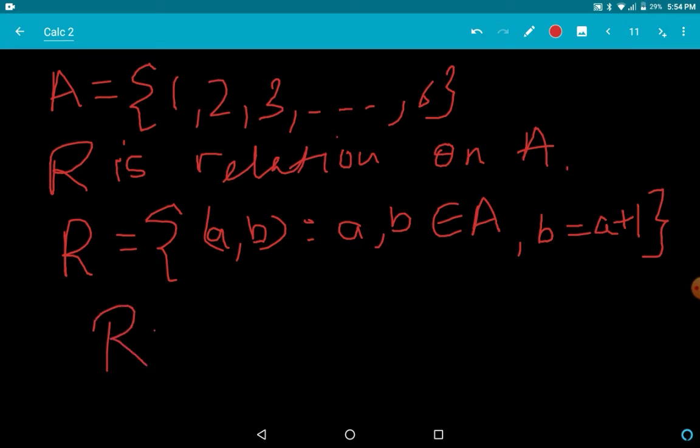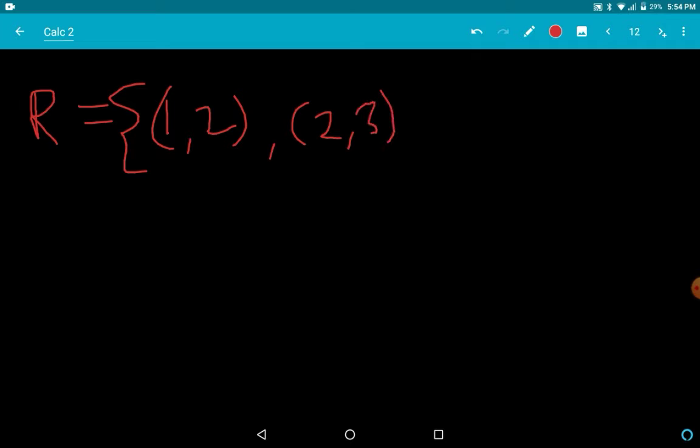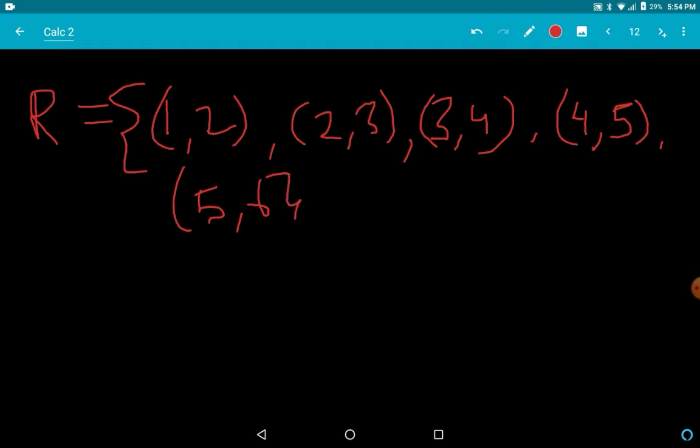So you have to tell me what this R set is. The rule is that b has to be a plus 1. So R will be the set 1 2, then 2 3, then 3 4, then 4 5, then 5 6, this much, because now we are going out of the set. Understand? This is the R.